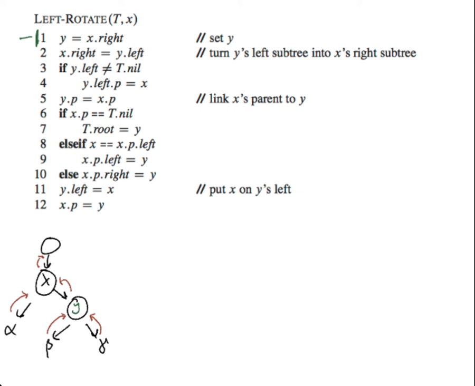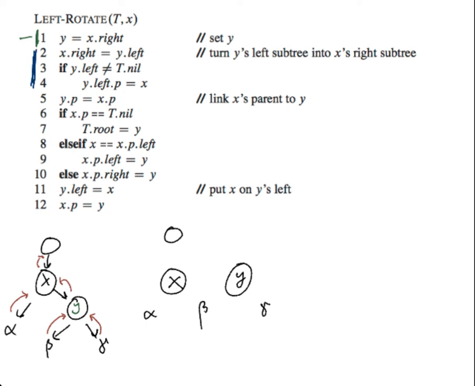All right. So now lines 2 through 4, we're going to turn y's left subtree into x's right subtree. What does that mean? Okay, so let's rewrite our tree here, with y and gamma. Lines 2 through 4 are what we're looking at.